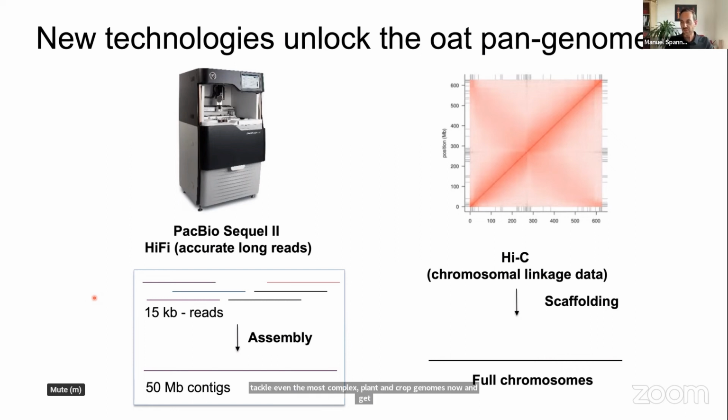And the second revolution that we see now to be able to assemble these into full chromosomes is the Hi-C chromosomal linkage data technology that helps us to scaffold all these long reads and long contigs together. So this is really a game changer now for doing genomics, especially of the complex and large genomes out there.